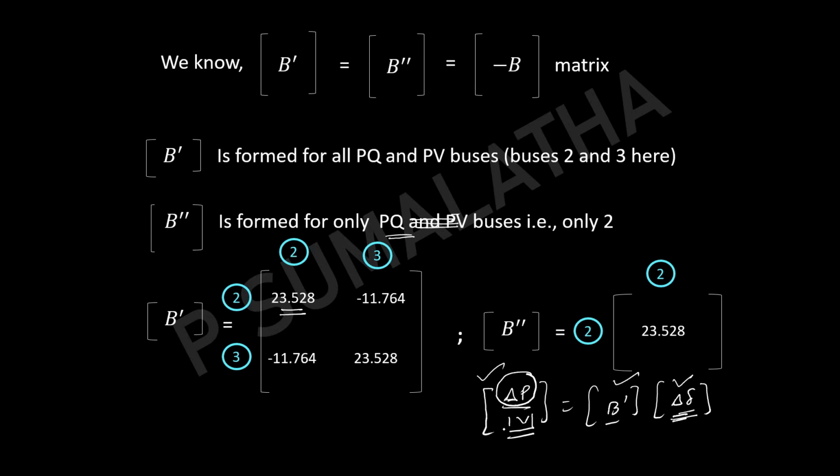So for that, let us see what values we have and what values we are going to assume. Let us assume V2 at the 0th iteration will be equal to 1 at an angle of 0 degrees for the PQ bus, because for a PQ bus we won't know any voltage, so it will always be assumed as a flat voltage profile. That you know very well. The next one is the del 2 value.